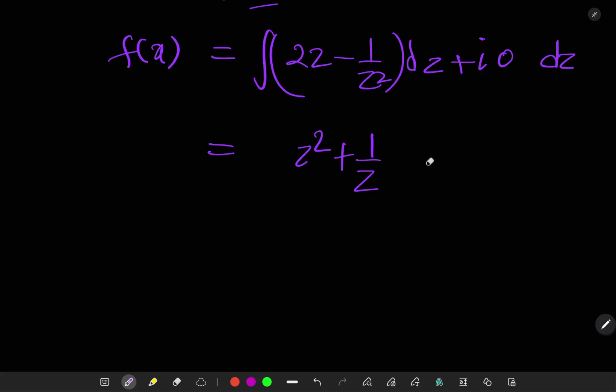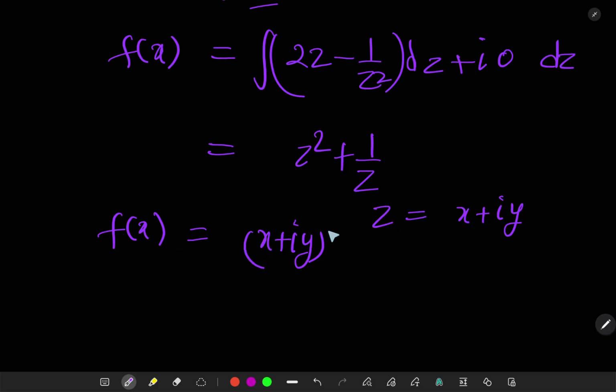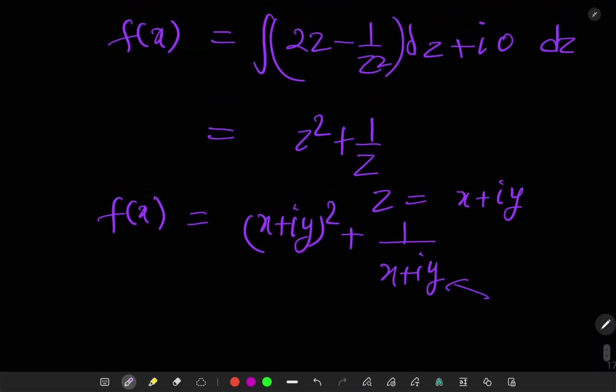Let's take c equal to 0. Now f of z is equal to, as we know that z is equal to x plus iota y and their square is equal to divide by x plus iota y. Rationalize this term.